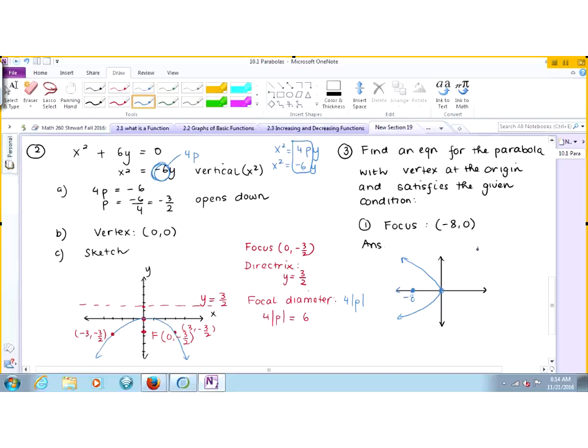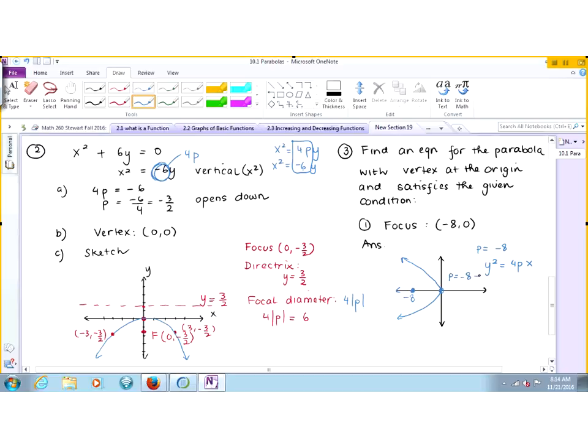Now, what do we know about this? P is equal to? What is p equal to? Negative 8. Okay, good. Then we know the equation. Is it x squared or is it y squared? Yes. So y squared is equal to 4px. So this is my equation.